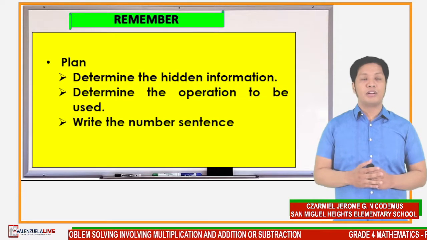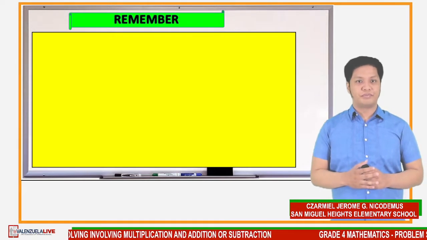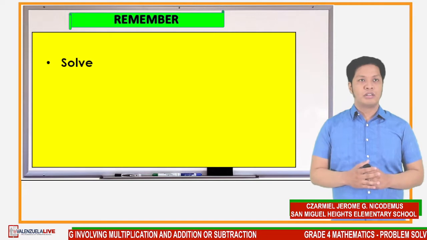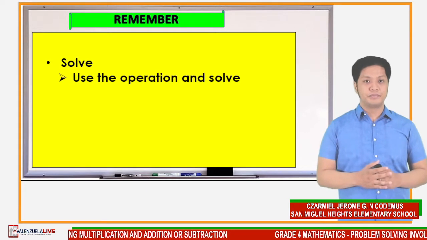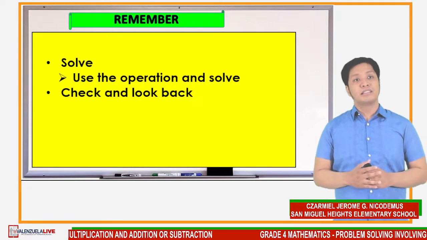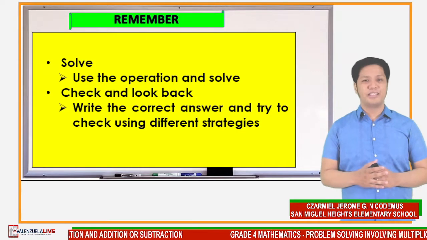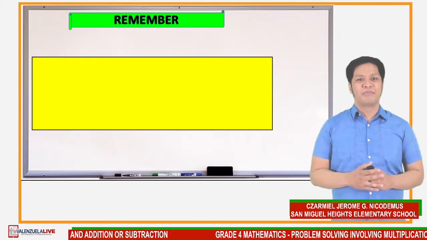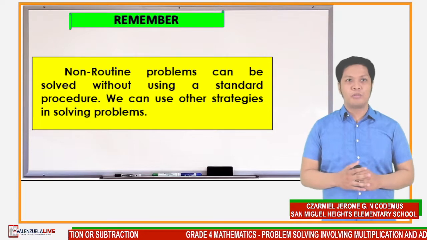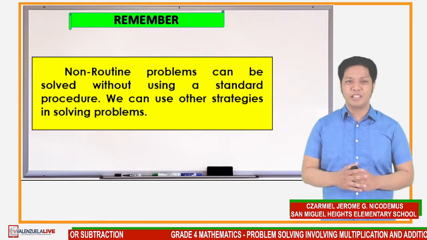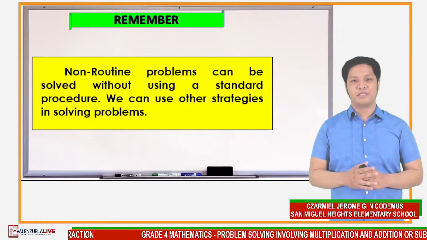And for plan, you need to write the number sentence. Third, solve. Use the operation and solve. And lastly, check and look back. Write the correct answer and try to check using different strategies. There are also non-routine problems that can be solved without using a standard procedure. We can use other strategies in solving these problems.